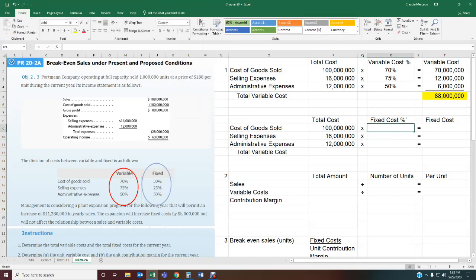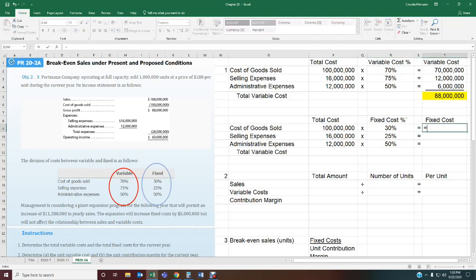So we're going to do 30%, 25 and 50. Cost times the fixed cost percentage, and then we can get our fixed cost. So you multiply the total cost times the fixed cost percentage, and that gives me 30 million.